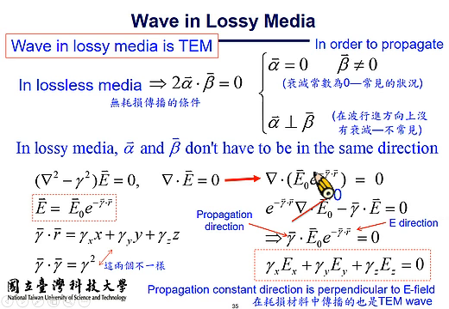That is, the projection of gamma on the XYZ axes and the projection of E on the XYZ axes, the dot product of the two must equal 0.